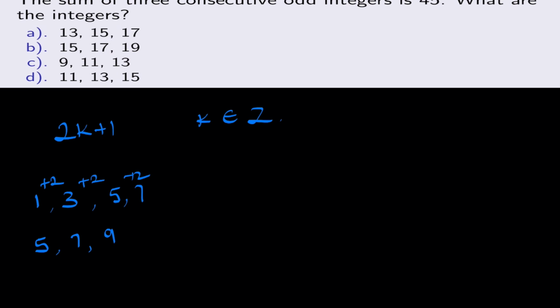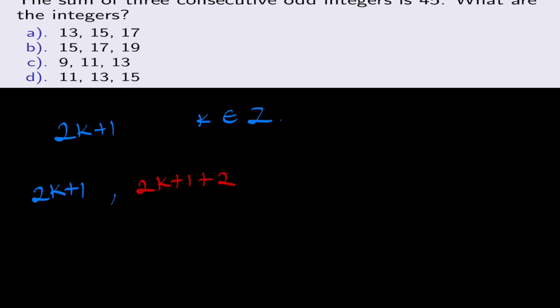So here we are saying that let the first odd number be 2k plus 1. Then to go on to the next odd number, we need to add 2 onto this number. And so we are going to have the first number is 2k plus 1. Then our next odd number will be giving us 2k plus 1 plus 2.